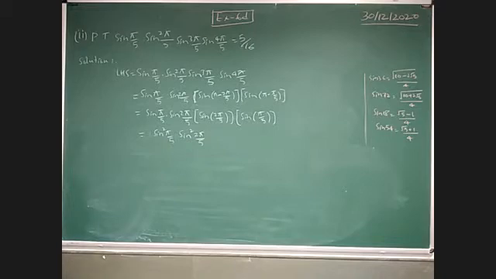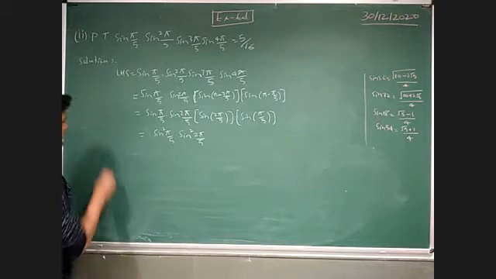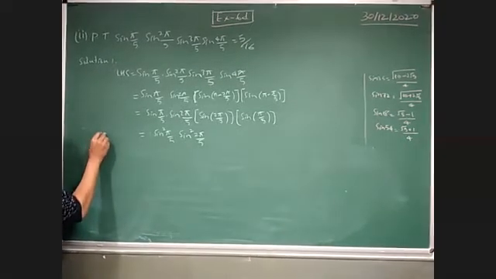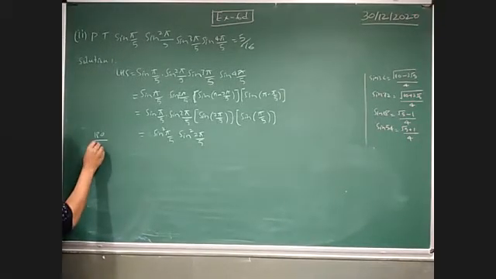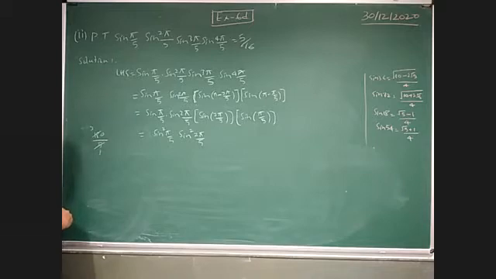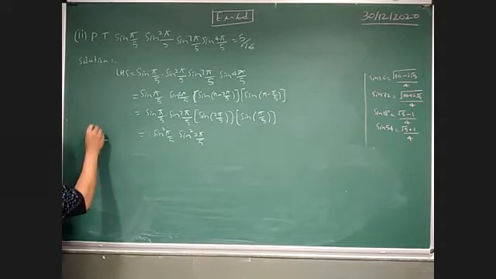Can anybody tell me what sine pi by 5 means? Pi is 180, so 180 divided by 5 is 36.